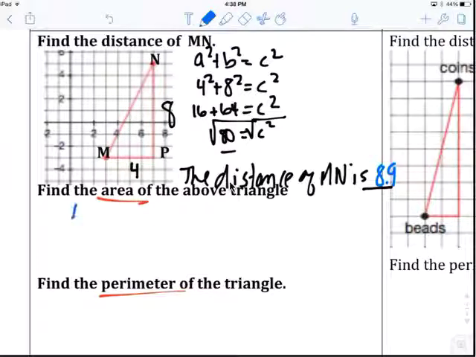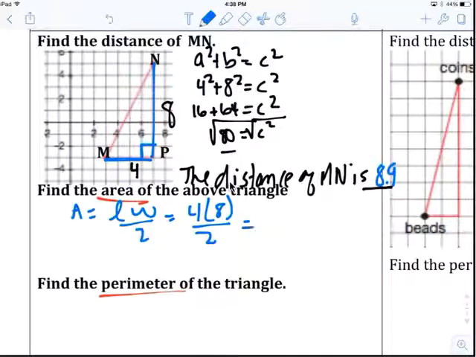Find the area. Area is length times width divided by 2. The length are the two legs times the width. Okay, so you get 16 units squared.